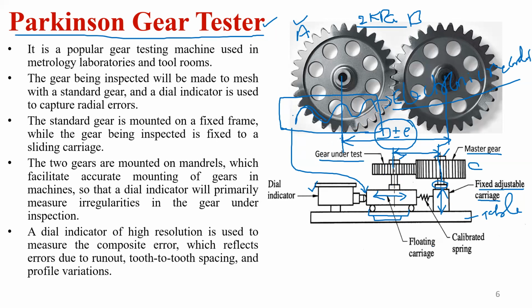For each tooth, we can obtain the variation of the gear center distance with the help of the electronic recorder, for better understanding of the variation of the center distance of the gear teeth. And the numerical value we can obtain from the dial indicator.